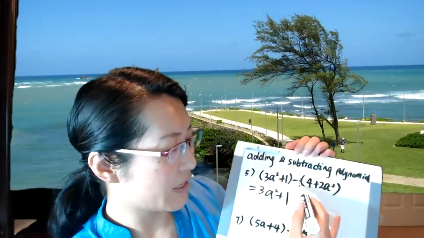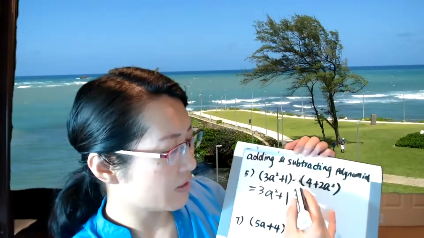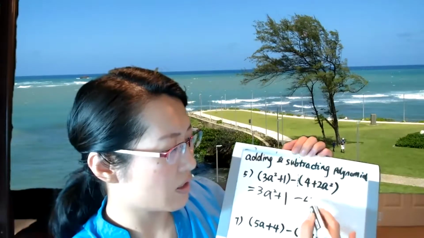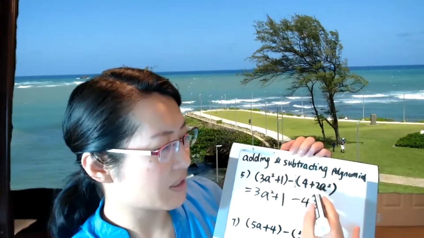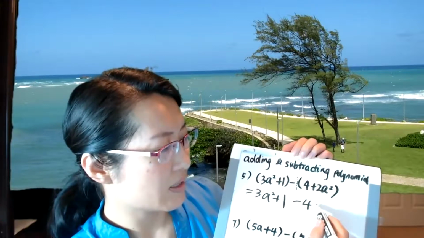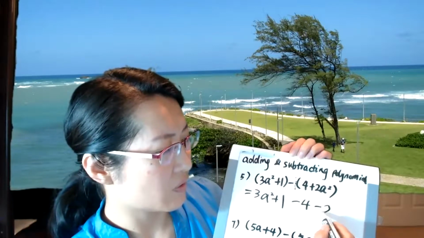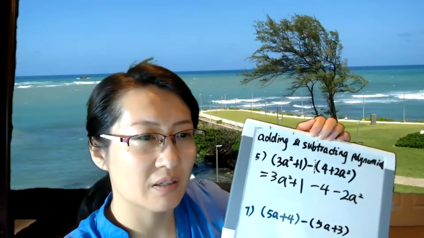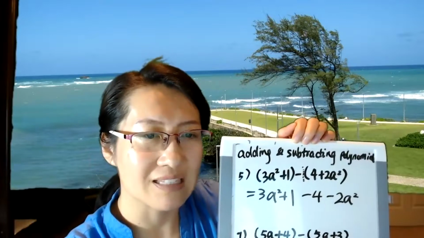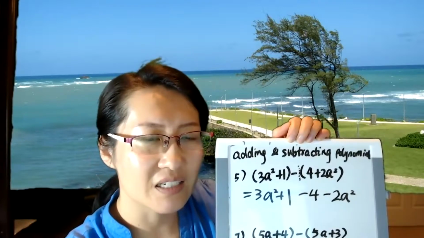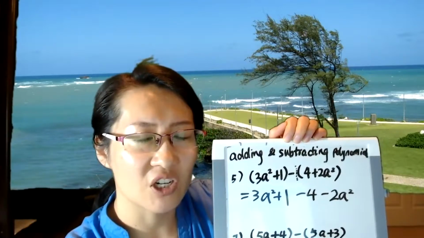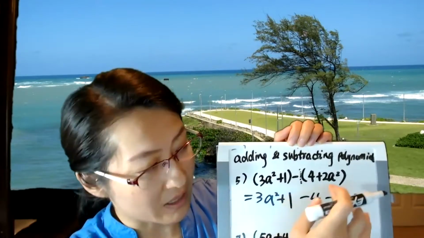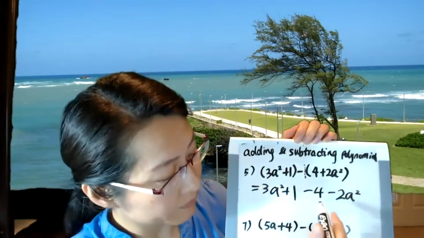But later on, for this negative, think about there being -1 times 4. That is -4. And -1 times +2, that's going to turn into -2. Okay? So you have to really be careful about the sign. The negative in front of the parentheses can change the sign inside of the parentheses.